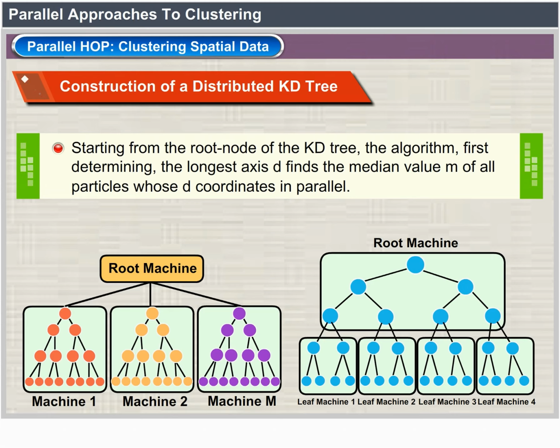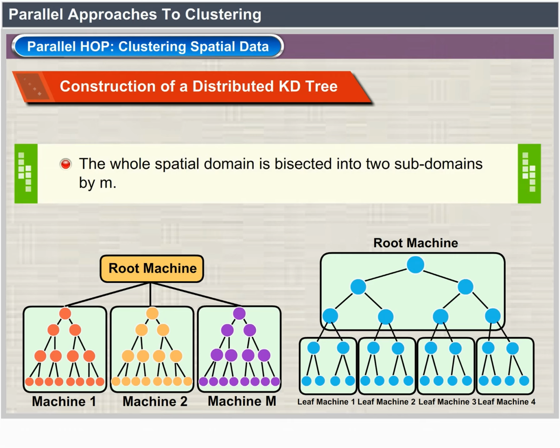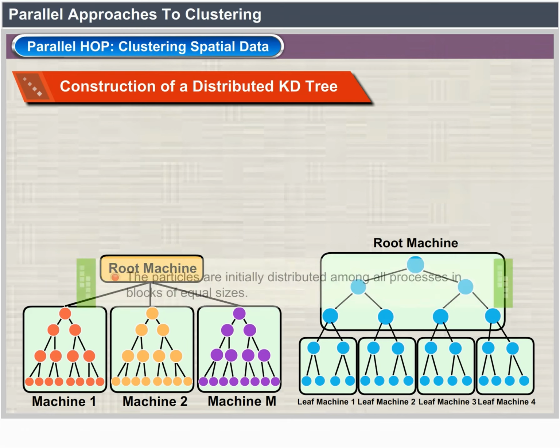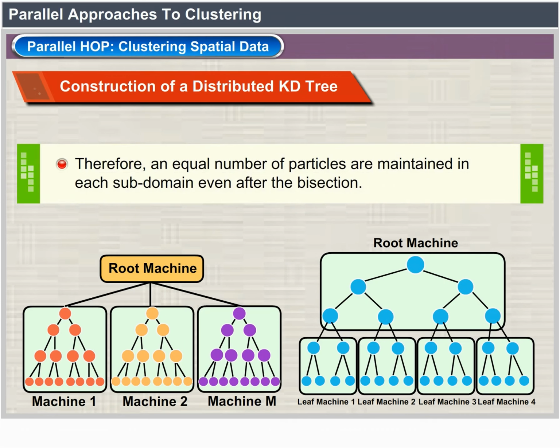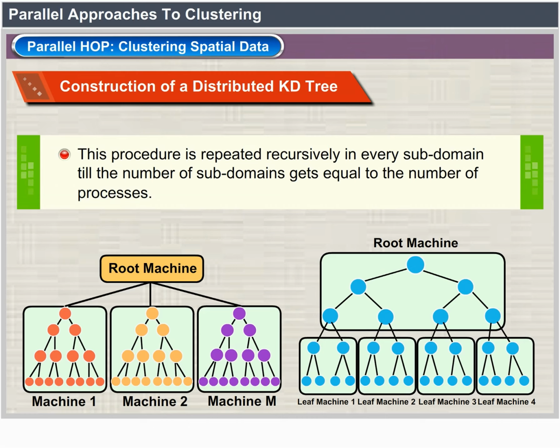The whole spatial domain is bisected into two subdomains by M. Particles are exchanged between processes such that the particles whose D coordinates are greater than M go to one subdomain and the rest of the particles to the other one. Therefore, an equal number of particles are maintained in each subdomain after the bisection. This procedure is repeated recursively in every subdomain till the number of subdomains is equal to the number of processes.